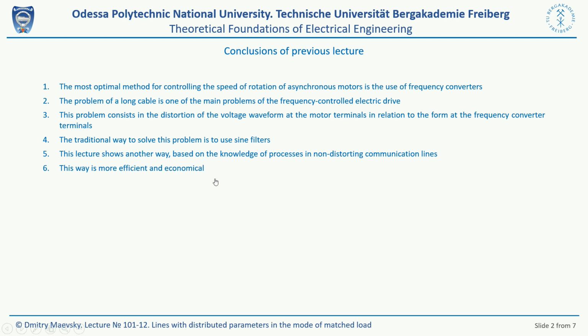In the previous lecture, I promised you that we would soon start studying other important and interesting modes of operation of transmission lines with distributed parameters. One such mode will be covered in this lecture.